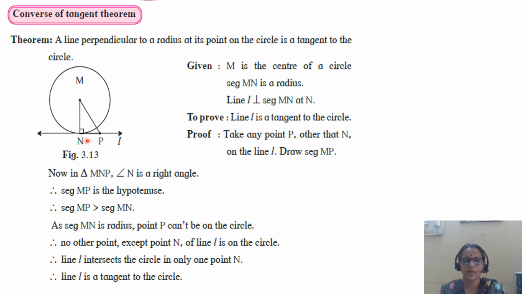So no other point except point N of line L is on the circle, which means line L intersects the circle in only one point, N. So line L is tangent to the circle.